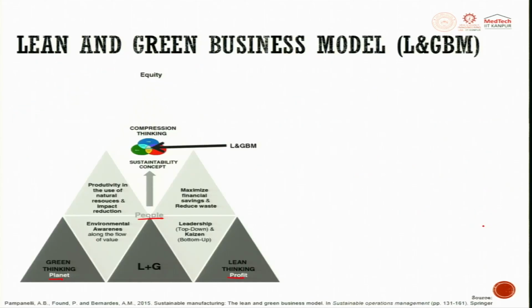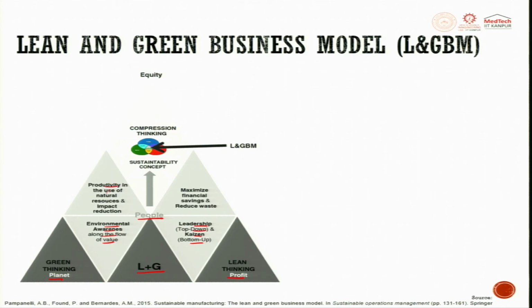So again they say the lean and green work together with the people. People have to work together with them, taking into account environmental awareness along with the flow value, the leadership that is from top to down, and Kaizen approaches that is from bottom to up, taking the customer ideas and taking them to above, that is the Kaizen approach.